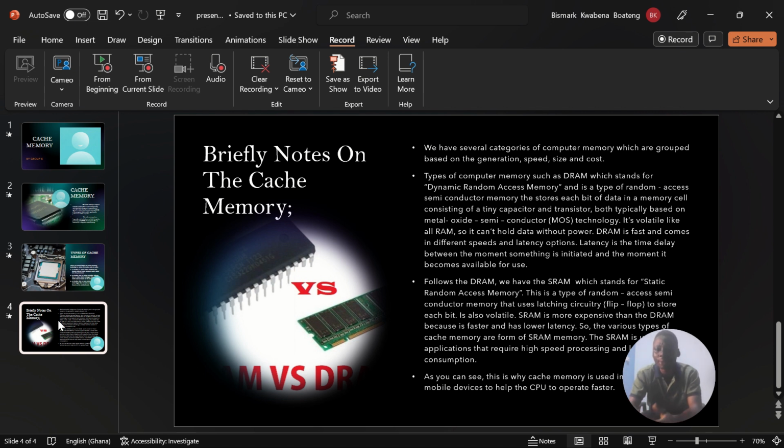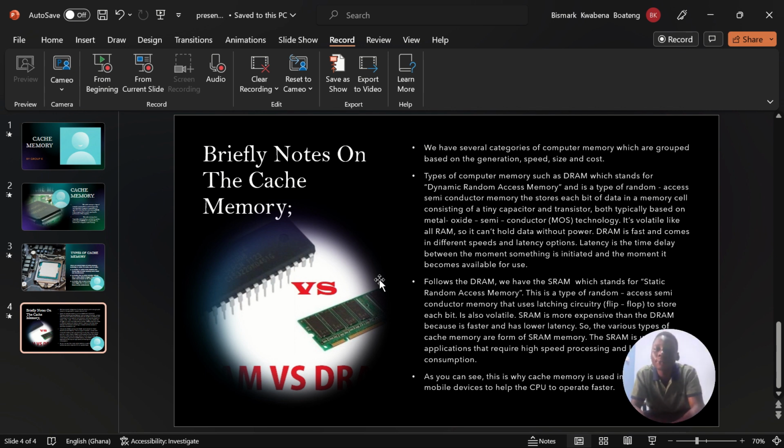Apart from the DRAM, we also have the SRAM, which stands for static random access memory. This one too is a type of random access semiconductor memory.